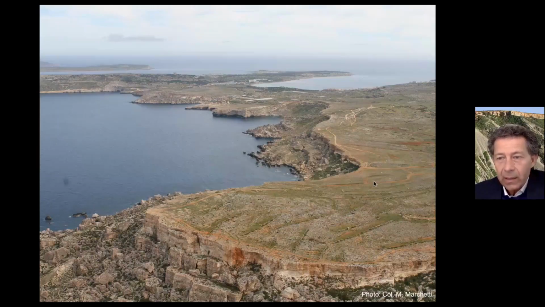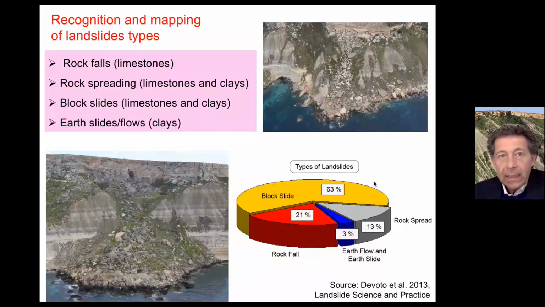We experimented this in specific places where rock spreading and block sliding was occurring. As you see from this graph, block slides actually represent 63% of the area affected by landslides on the northwest coast, and rock spreads 13%, so the two of them constitute most of the landslide types affecting the northwest coast of Malta.